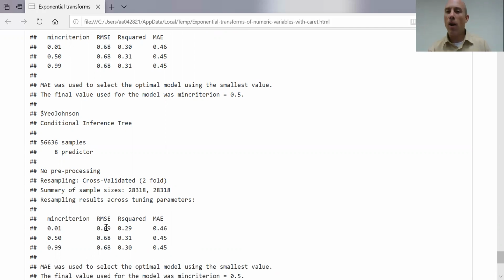I think it's due to round-off error. The MAE is the same. The R squared is slightly worse, and the root mean squared error is slightly worse, but it doesn't really change anything, right? It's just so close that I'm not going to really care about it.